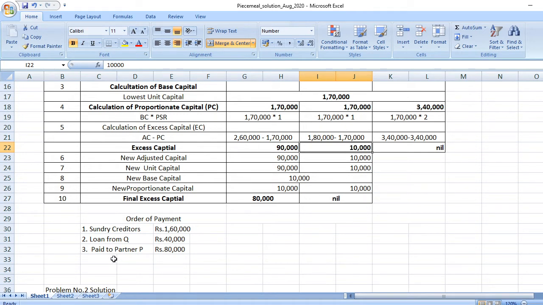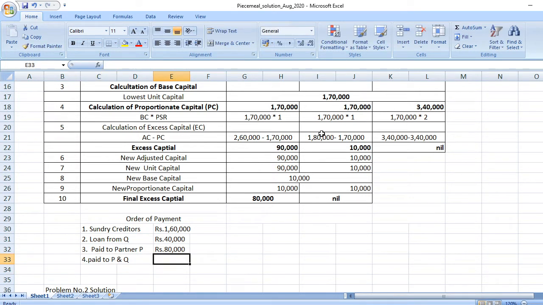The final excess capital of 80,000 was already considered for payment. So the next preference for payment is to P and Q. How much do we have to pay?